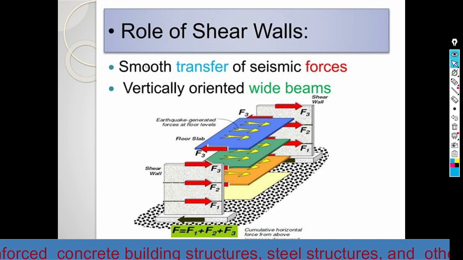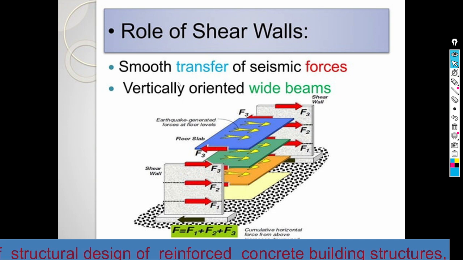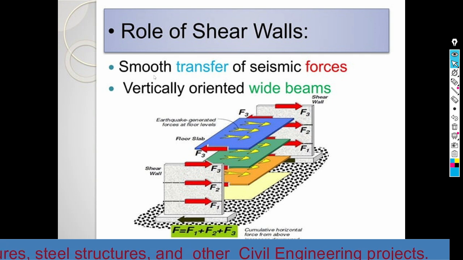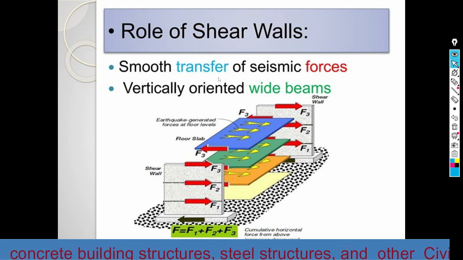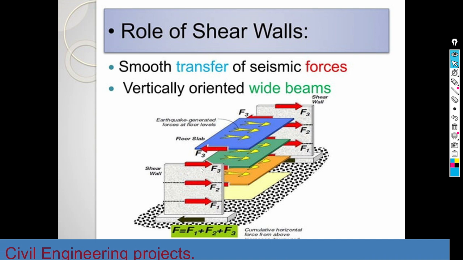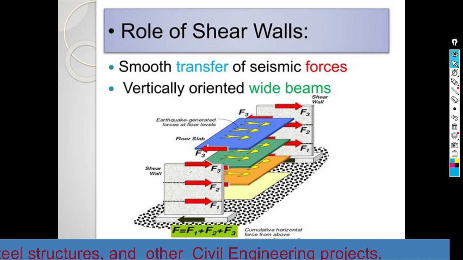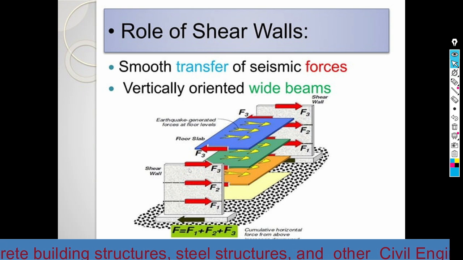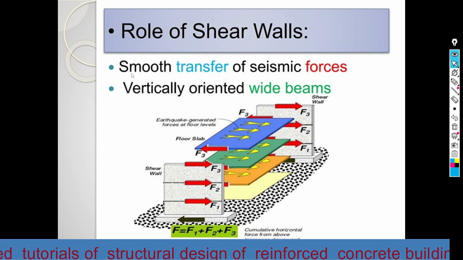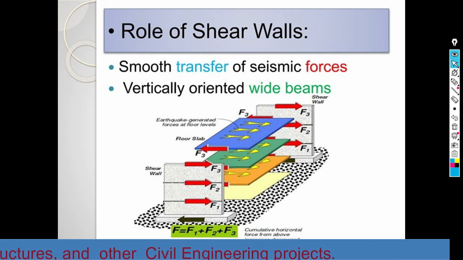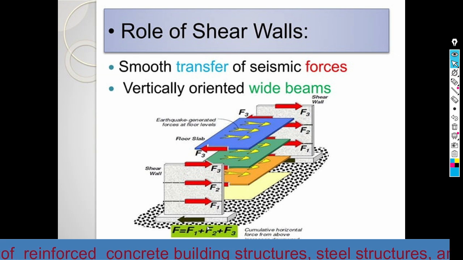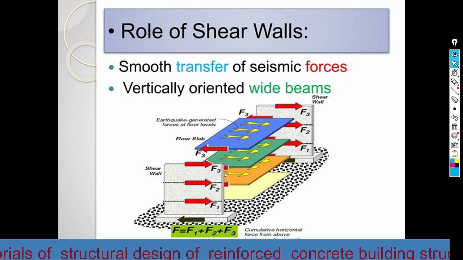So the role of the shear walls is the smooth transfer of seismic forces, like a vertically oriented wide beam. That means it is used to transfer the seismic force from the floor slab to the shear wall, and also the shear wall will transfer the lateral, seismic, or wind force to the foundation. So the main purpose is the smooth transferring of seismic force or horizontal force to the foundation. So the orientation is vertical.